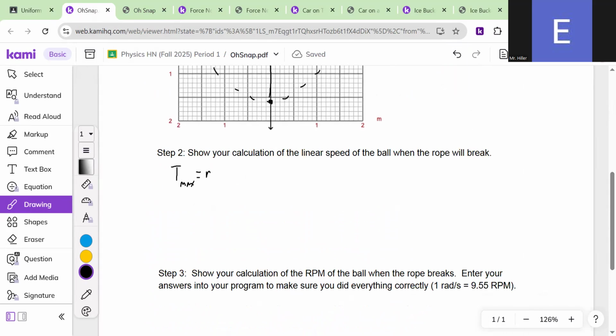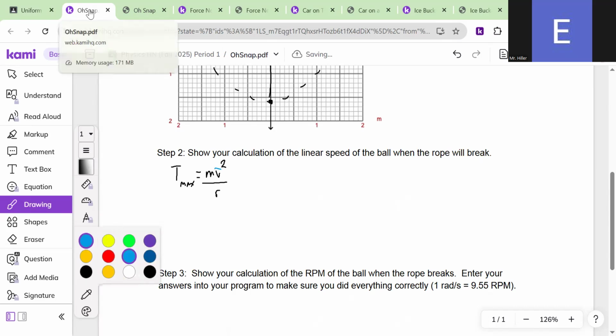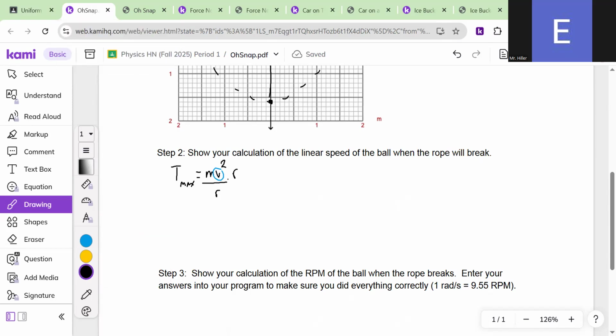T max equals mv squared divided by r. Now, to solve for v, the speed, you have to multiply by r, divide by mass. Okay, and you can see if I do that, I get r times T max over the mass equals v squared.